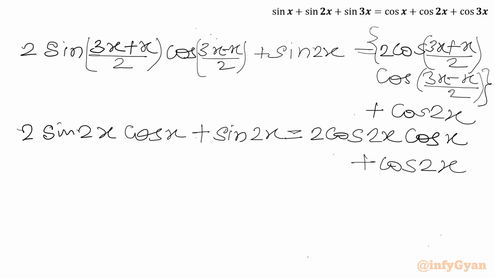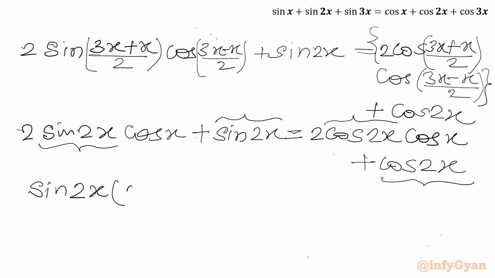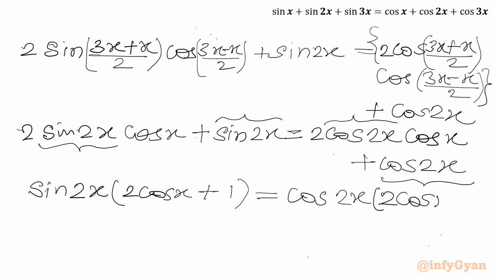Now cos 2x in the RHS is common, and sin 2x from the LHS is common. So let us take them common. Sin 2x in bracket 2 cos x plus 1. On the right hand side cos 2x is common, so in bracket 2 cos x plus 1. Take all the terms to the LHS.